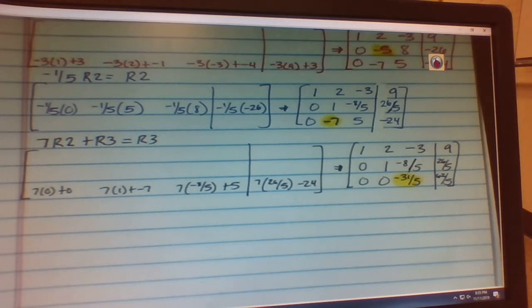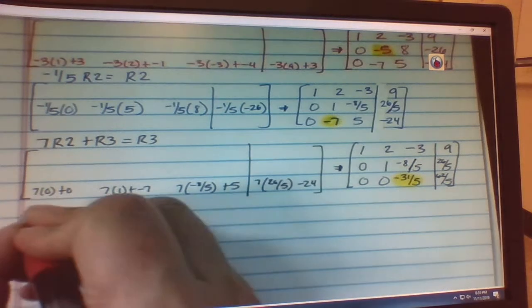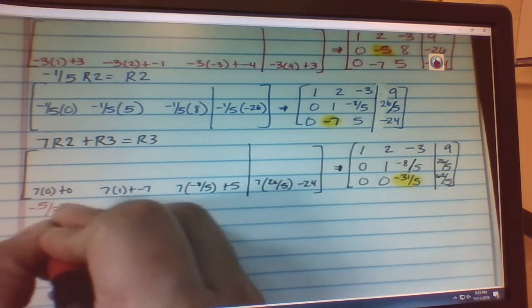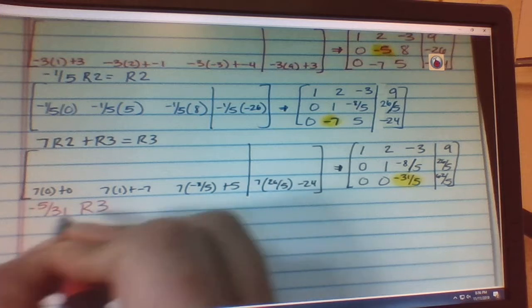So then this one, what do we have to make that one into? A 1, by multiplying everything there times -5 over 31 times row 3.